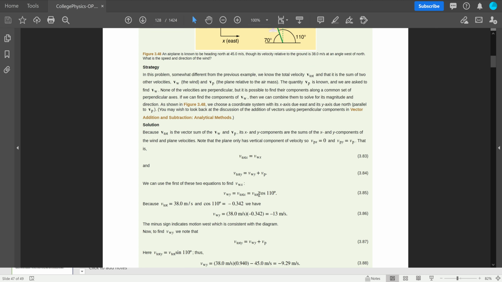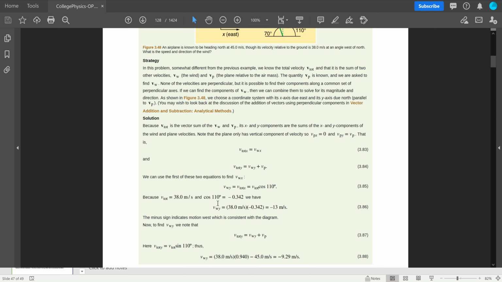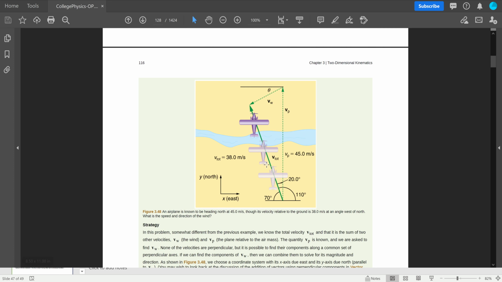Okay. So for here, we are trying to find our total. We can use the first of these two equations to find our Vx of the wind. If we do that, we can find our velocity total is 38 meters per second here, which is the resultant vector.